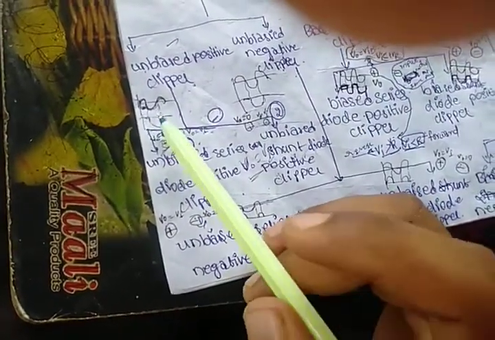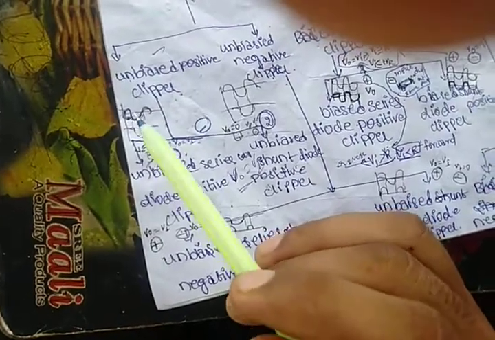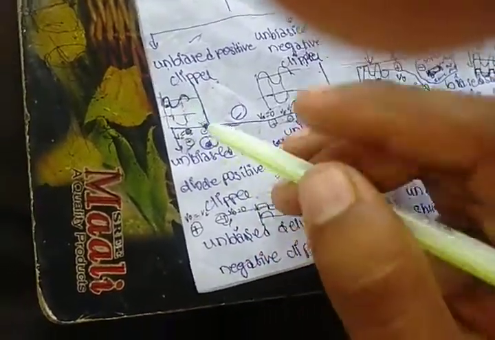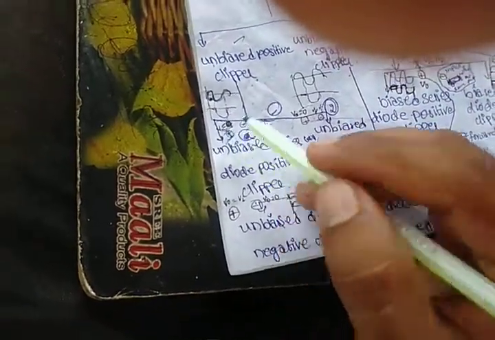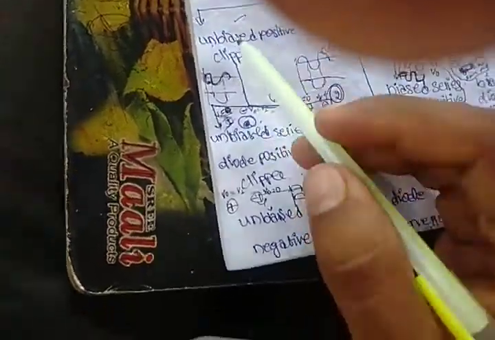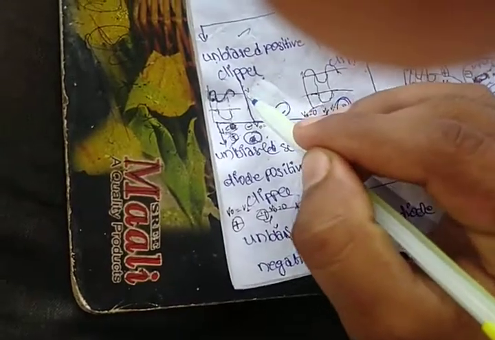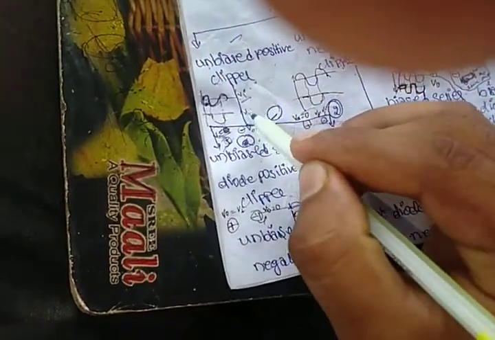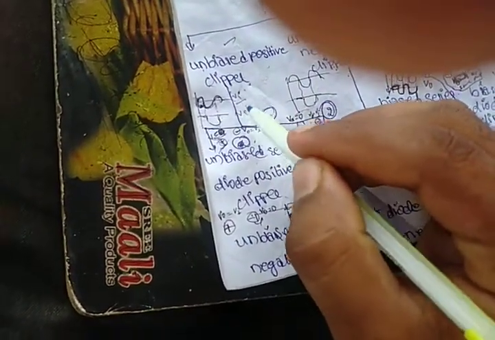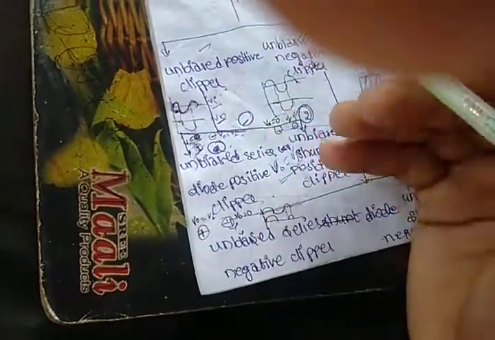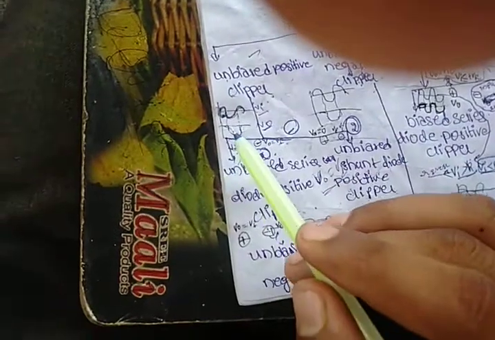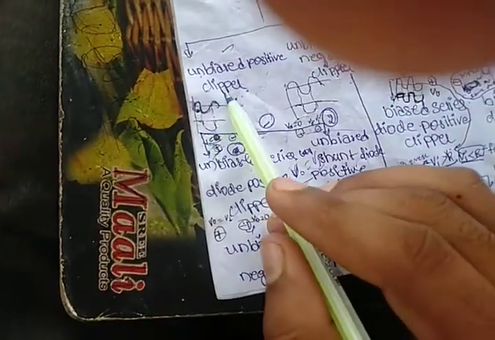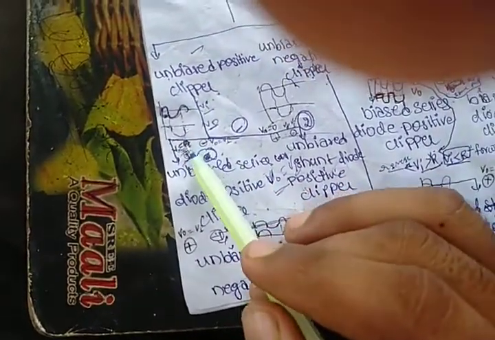This positive one is Vi, the input, and this is Vo, the output. When we give this input, we get this output.